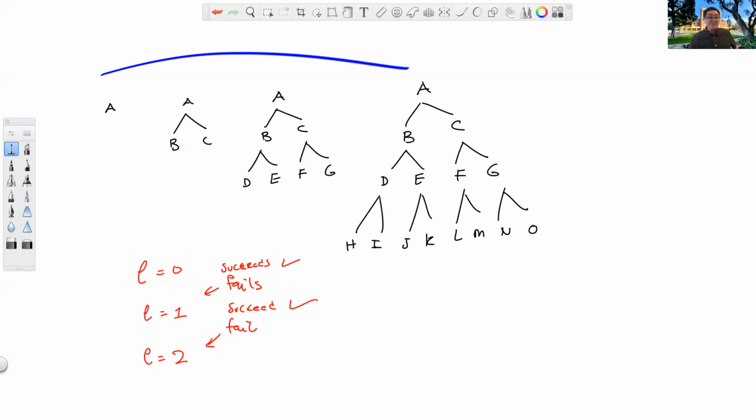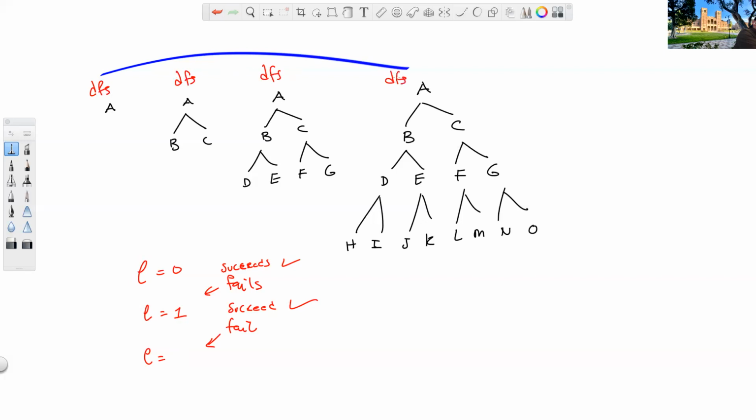Now, someone is writing, isn't this just turning it into a kind of breadth first search? Yes, except I maintain the linear space complexity, absolutely, Kyle. Because look what's happening. I'm doing depth first on this one, and on this, and on that.